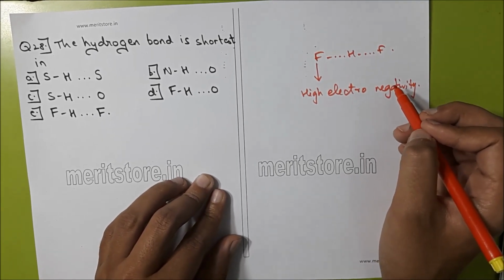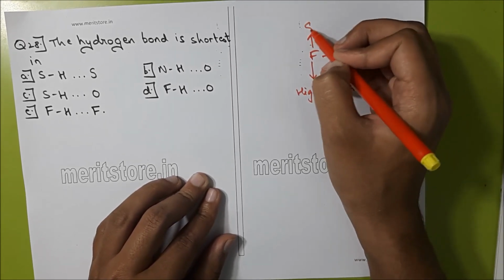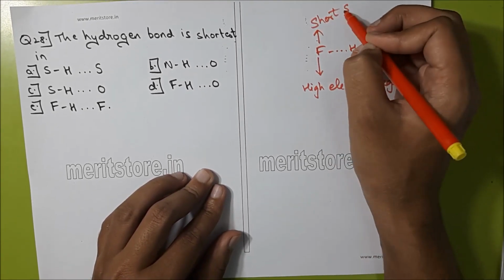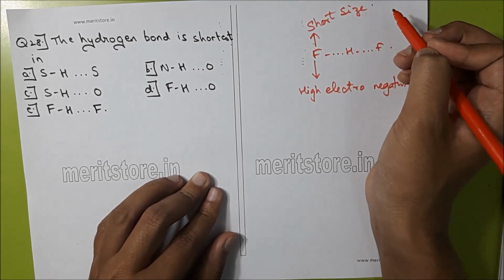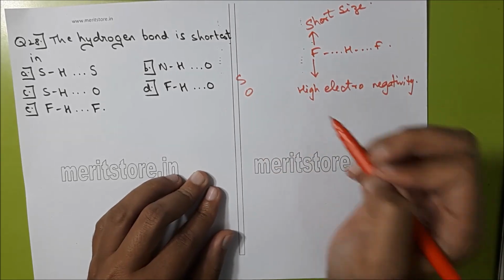Decrease in size of the atom also contributes to the shortest bond. So fluorine has a small size as compared to other atoms like sulfur and oxygen.